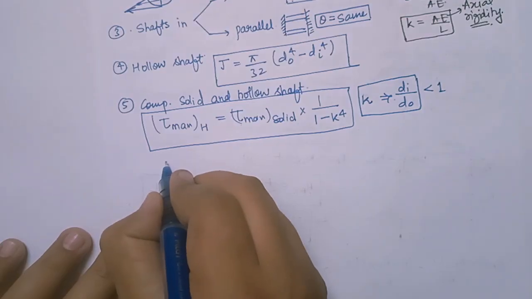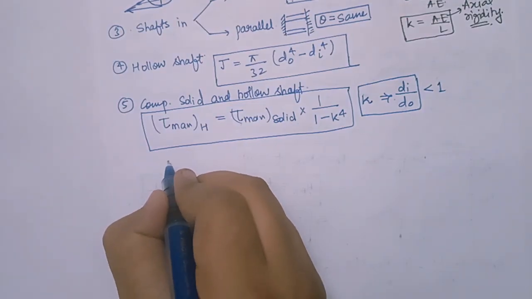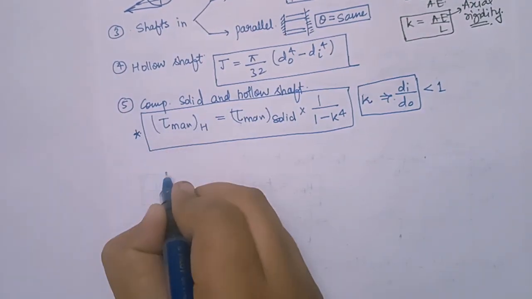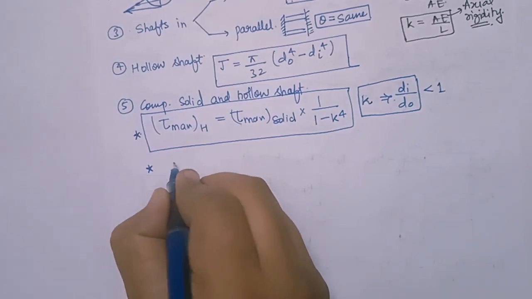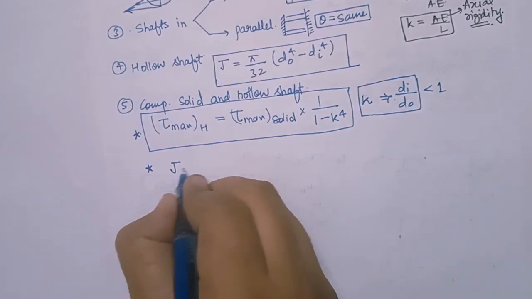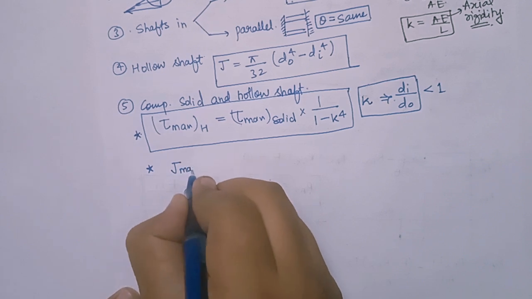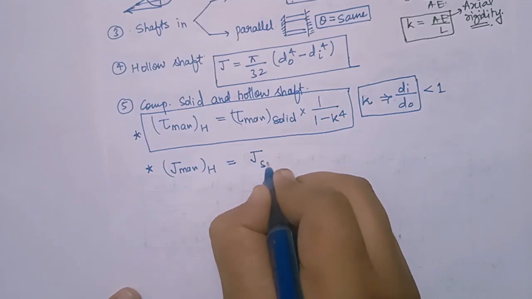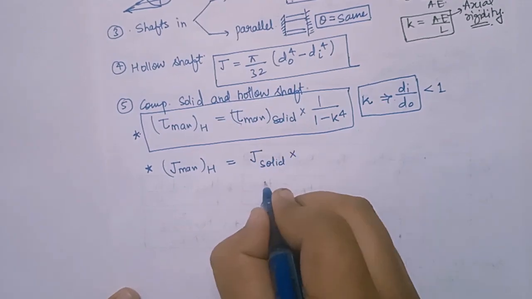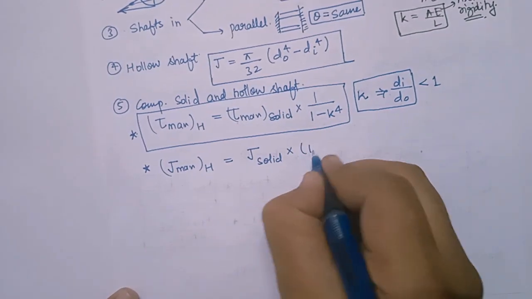Similarly, if I want to write polar moment of inertia, section modulus will come in the next chapter. Polar moment of inertia of hollow is what? J solid, and the factor which comes here, we just have to write in multiplication: 1 minus K^4.